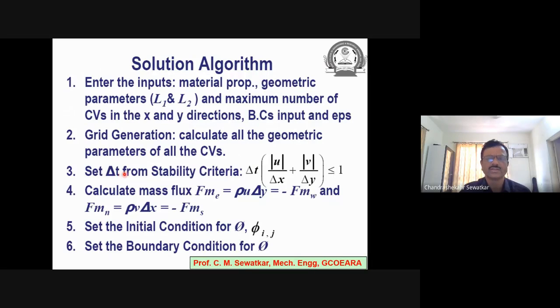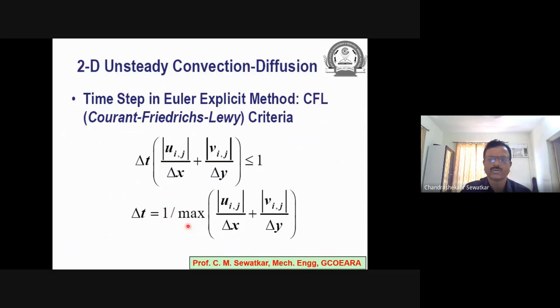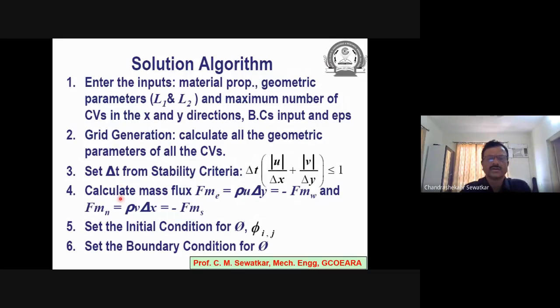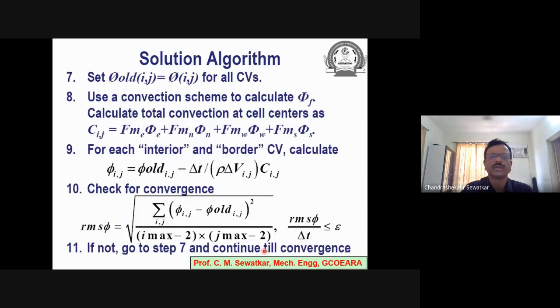We can set delta t from the stability criterion. Now the stability criterion is different, so I can use this expression, delta t equal to 1 upon the maximum of this quantity, and determine delta t. Then we can calculate the mass fluxes FME, FMW, FMN, FMS for all the cells. Then we can set the initial condition for phi ij, and we can set the boundary condition for phi, which is given to you.